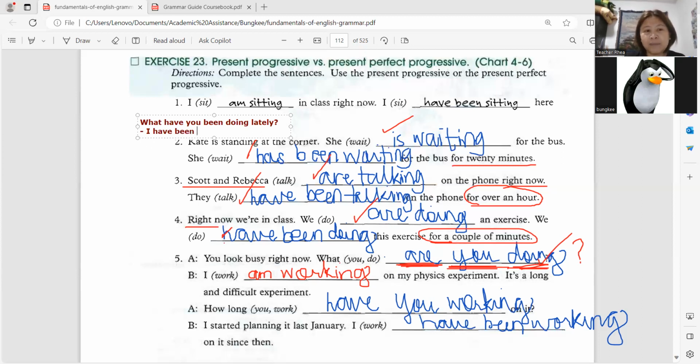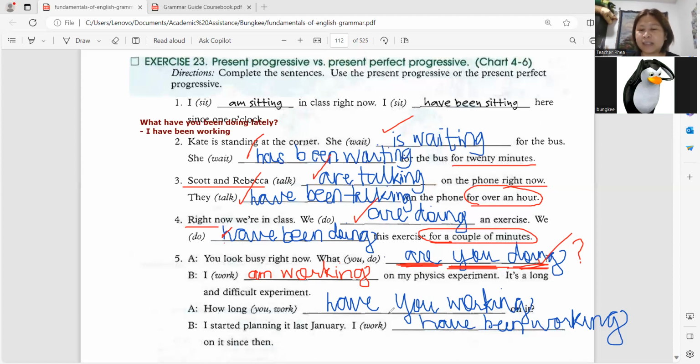So I have been working on my physics experiment. That is how you answer this question. But the question here is, what are you doing now? So I am working on my physics experiment. It's a long and difficult experiment.